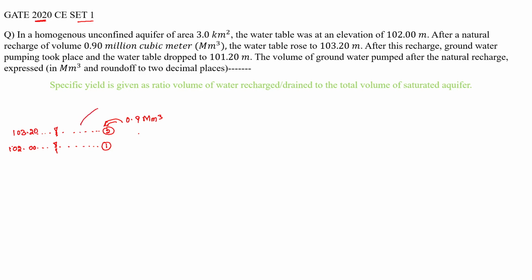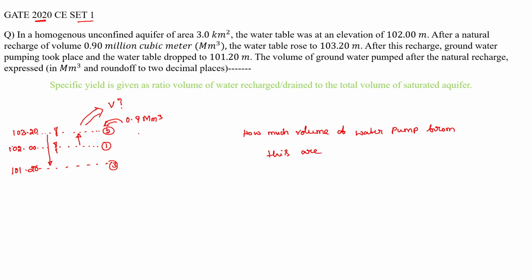After some time we have taken out some amount of water, some V amount of water. Because of this, the water level reached 101.20. Now the question is how much volume of water was pumped from this soil, from this area.